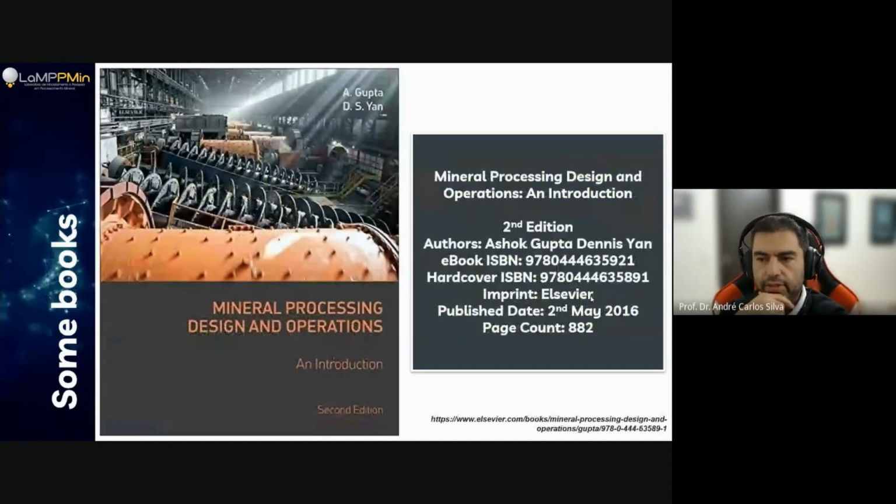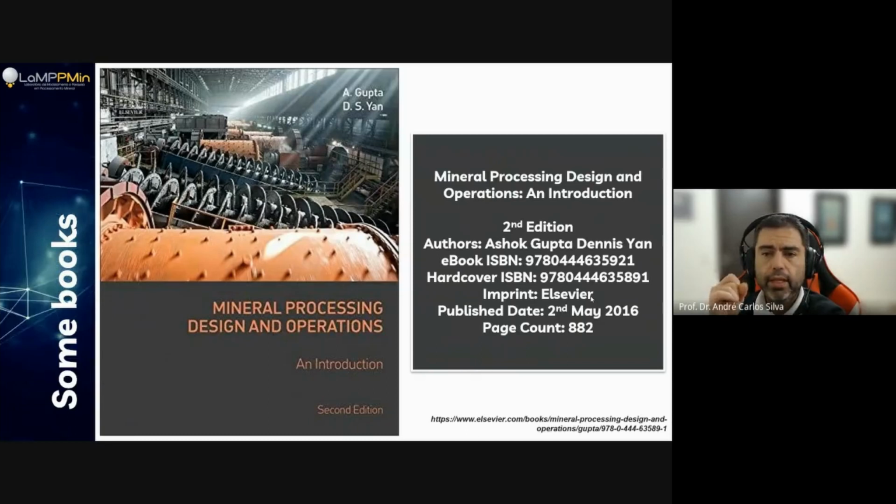Another book that is also quite nice is the Gupta and Yan book. Two professors again, and this book has been around for a couple of years. The second edition is from 5 years ago, but it's a very, very good book, and I think it's a little bit more complex than the first one. If you have any previous contact with mineral processing, you can browse the book without many problems.